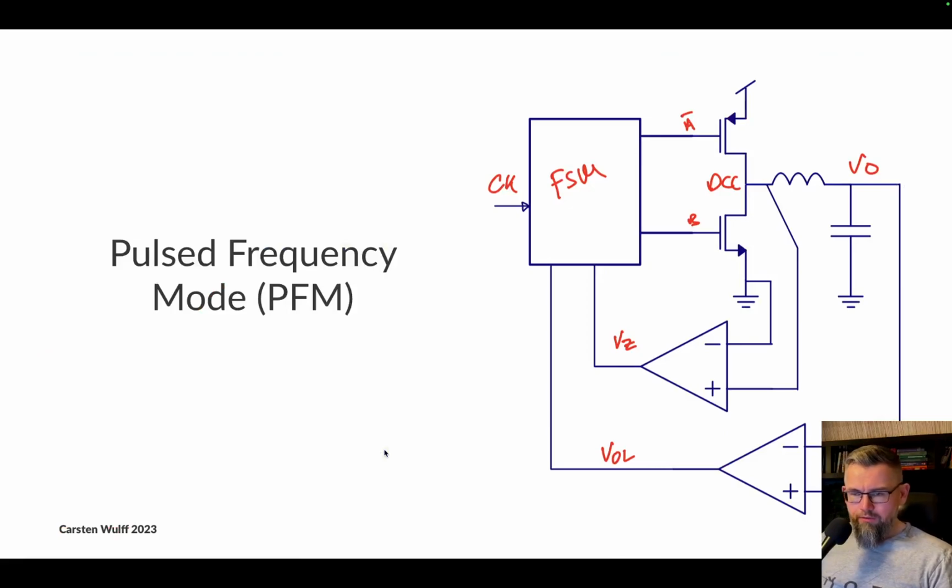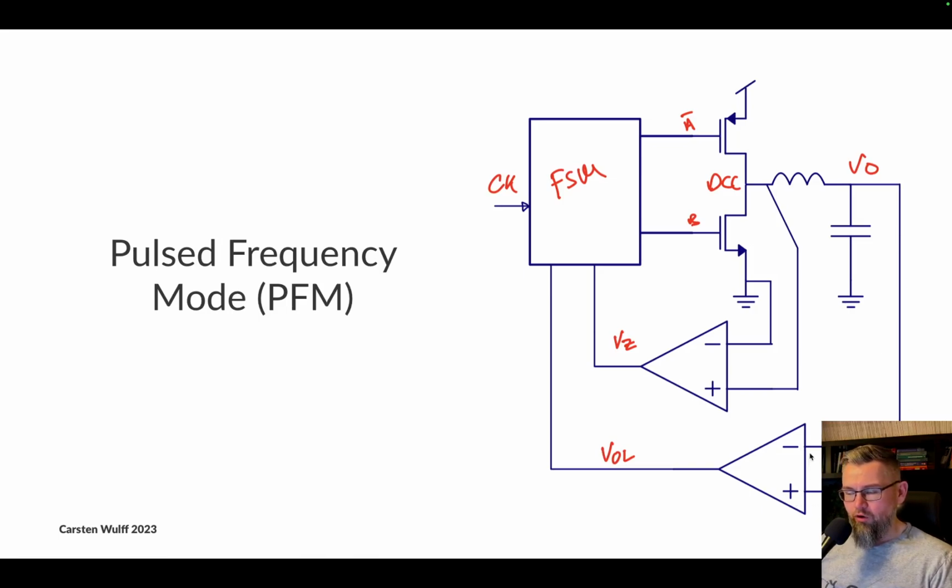There is another way to do it, and actually there's multiple ways. There's many, many ways to charge the inductor and create a constant voltage. Another one is called pulse frequency mode, PFM. In the pulse frequency mode, you have a comparator connected to the output that you compare to a reference.